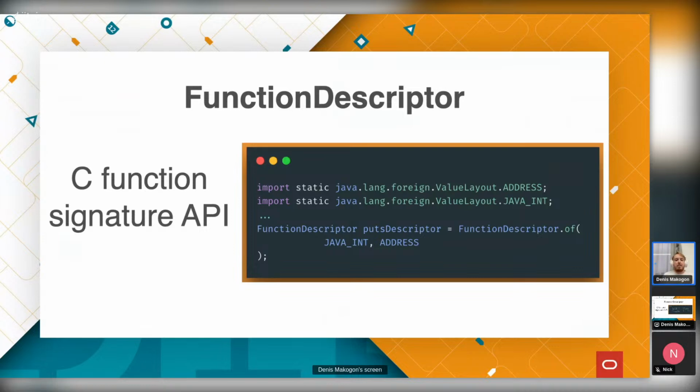So the FunctionDescriptor API class is the way to describe the type of a function we'd like to invoke, by describing the signature of a function that consists of a return type, positional, and variadic arguments, which are known in Java as varargs.